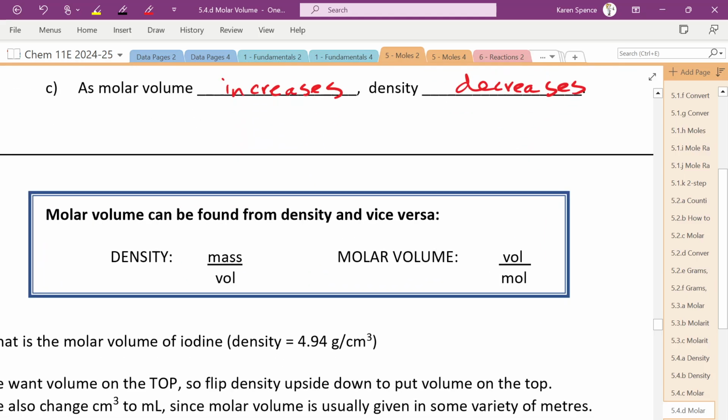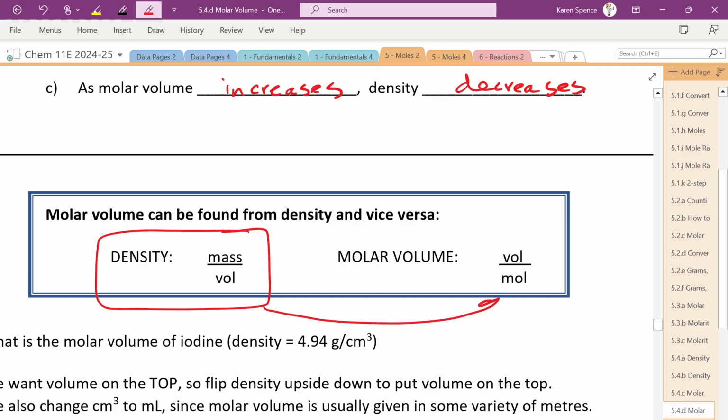Now, molar volume can be found from density and vice versa. So if I give you the density of a liquid, you could find its molar volume. What would you have to do with density to convert it into molar volume, volume over moles?